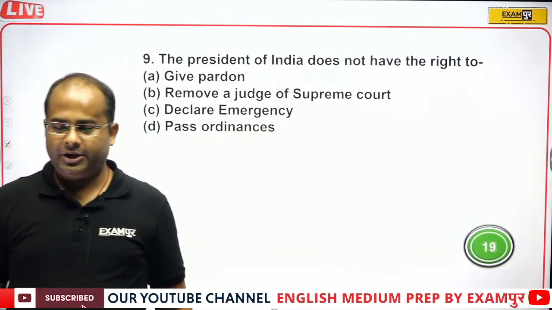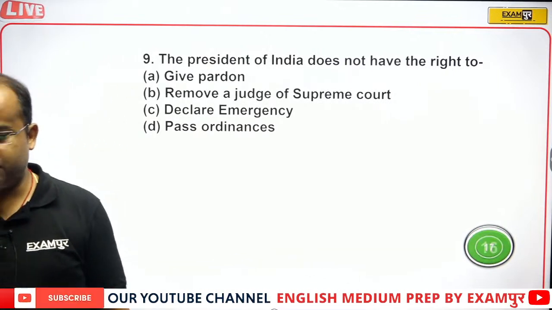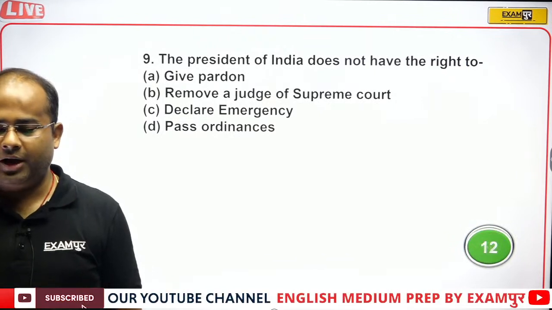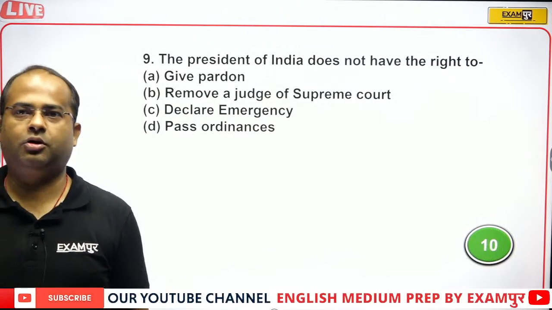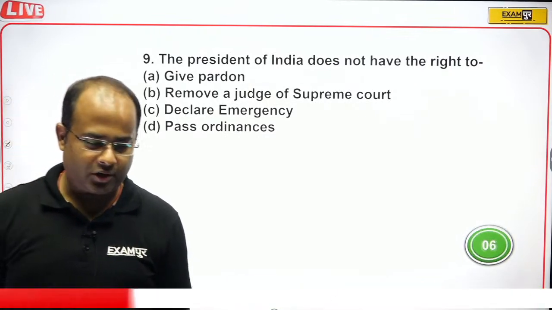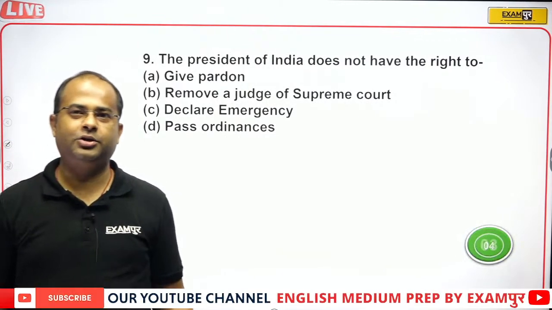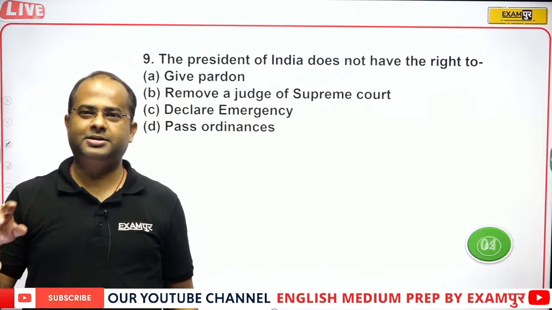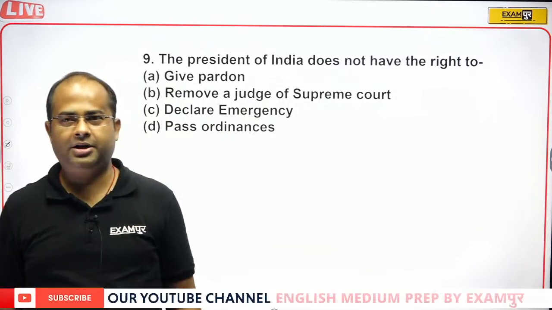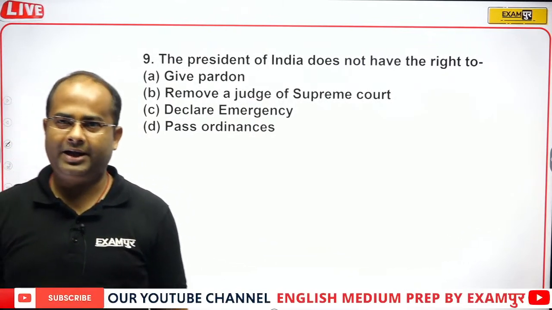Now come to the next question. The President of India does not have the right to give pardon, remove a judge of the Supreme Court, declare emergency or pass ordinance. There is no training institute. Have you ever heard of a training institute for the President of India or the Vice President, although they have a very vast political career?